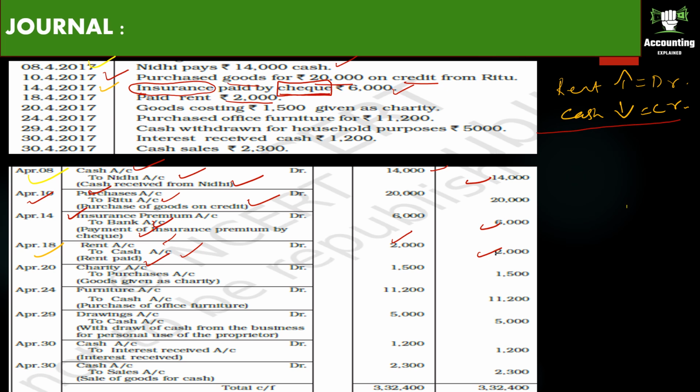Goods costing rupees 1,500 given as charity. The goods which you have bought, that you are going to give as charity, which you are using in the business. So charity is an expense now. So charity account expense increases, it has to be debited. From where are you getting the goods? Goods means the stock which you have.